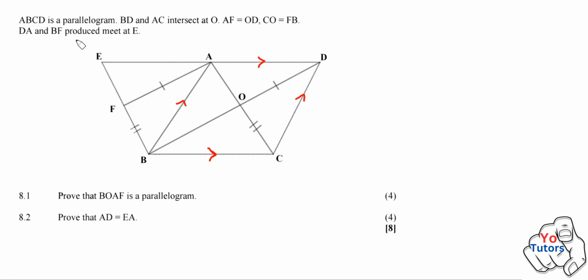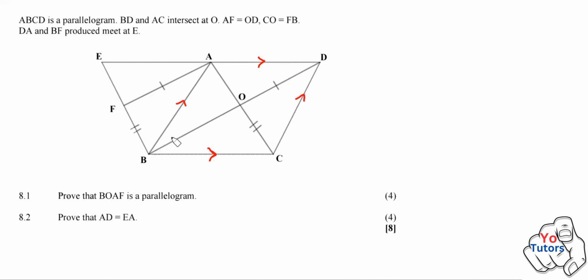Now, BD and AC intersect at O. AO is equal to OD, then CO is equal to FB.